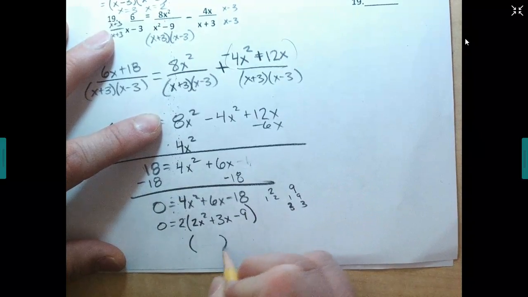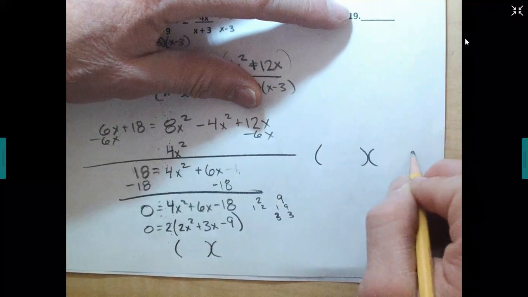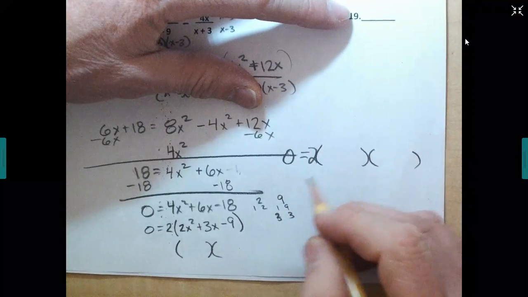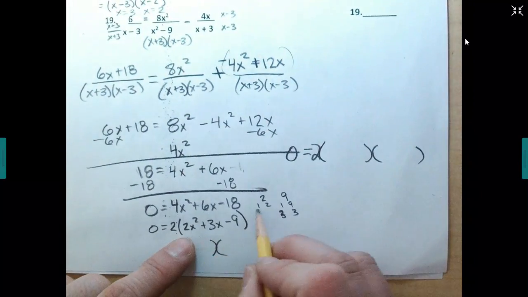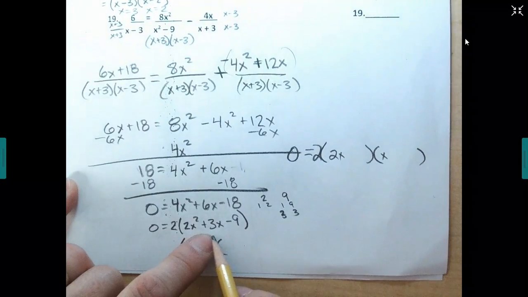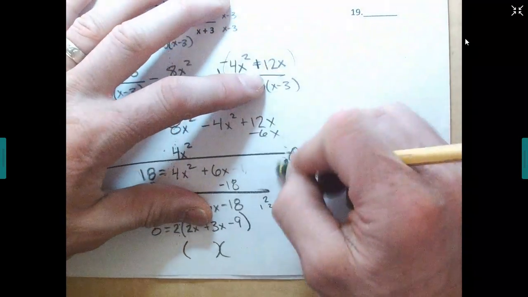And I need to, actually, let's do it right here so I can have my smiley face. So I have 0 equals 2 times, so my 2x, I've got 1 and 2. And then I've got a plus and a minus, so one of these is plus and one is minus.